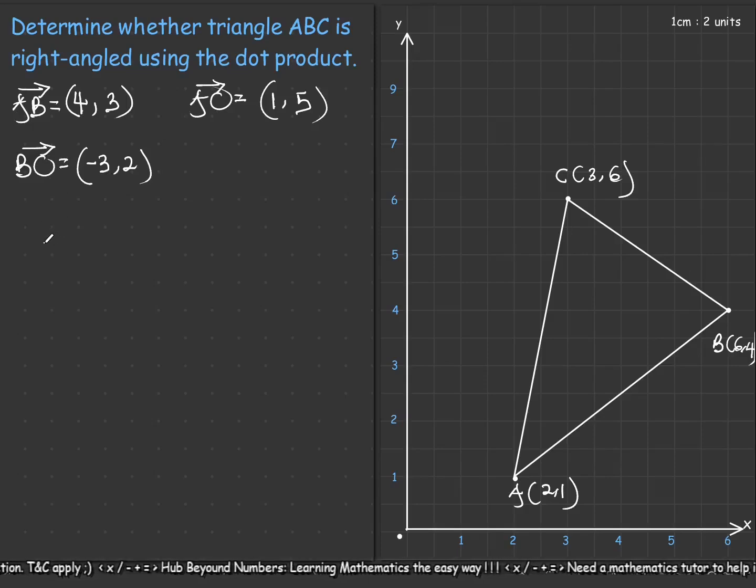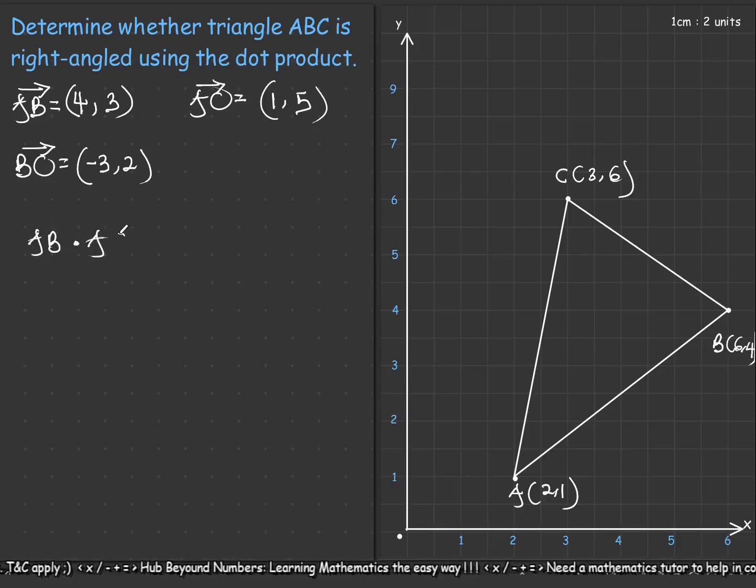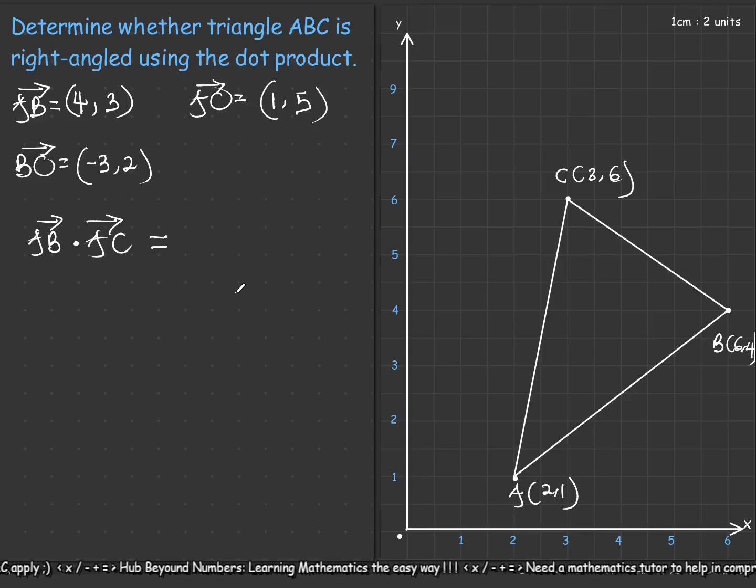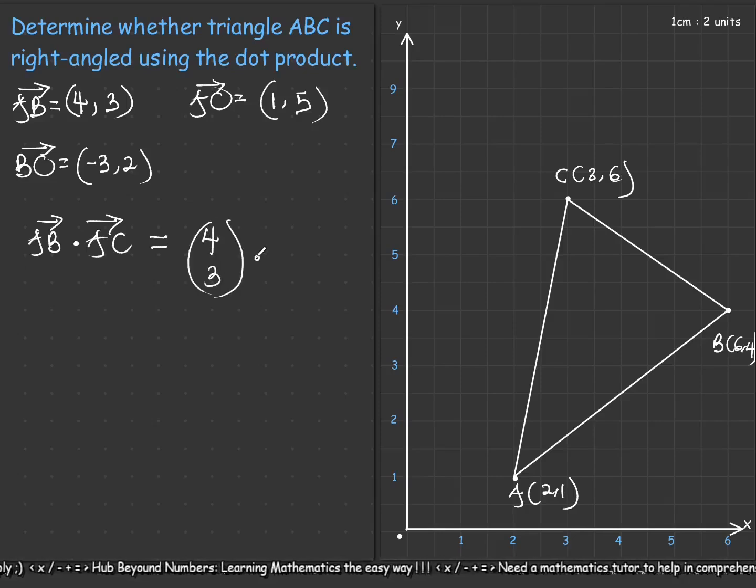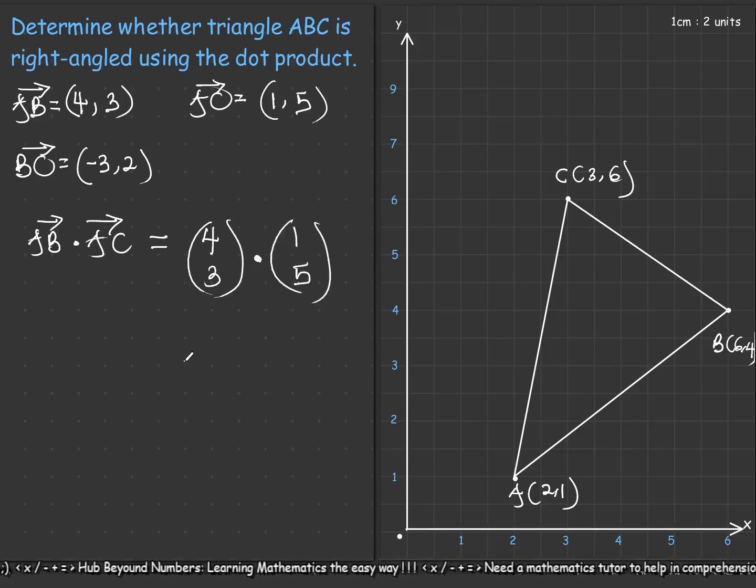Now, we first of all want to solve for AB dot AC. You see, and we have said that if you get 0, then it simply means they are perpendicular. Hence, there's a right angle. So substituting, we have (4, 3) dot AC, which is (1, 5).